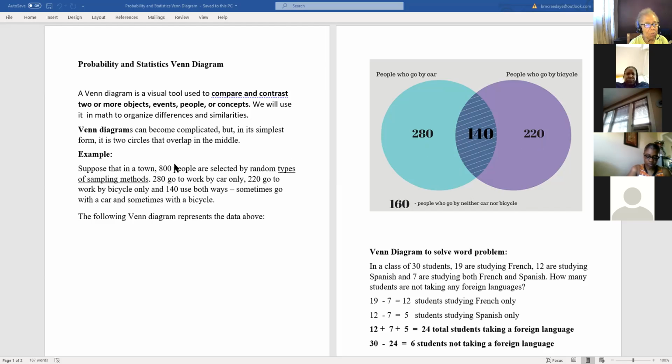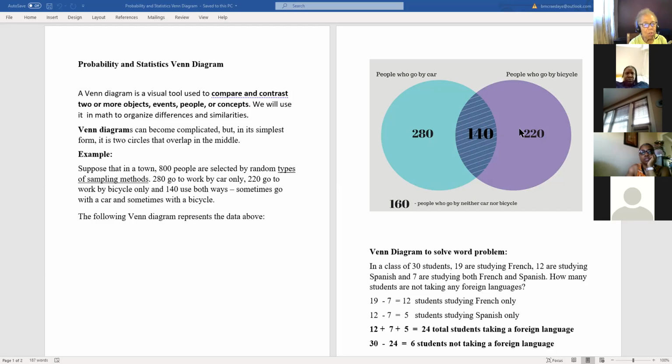So do you follow the Venn diagram? It's just a simplistic way of representing data. Just remember the overlap is where both of the events will occur. In other words, car in this circle, bicycle in this circle, and the overlap is both bicycle and car.